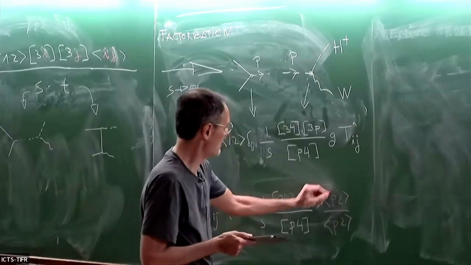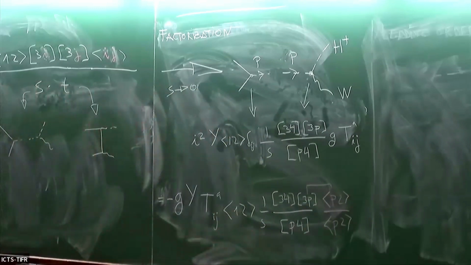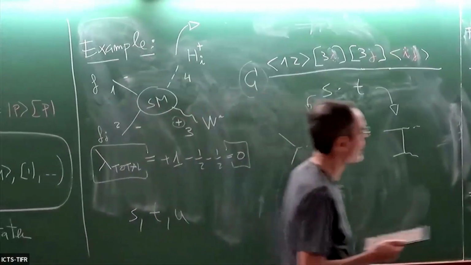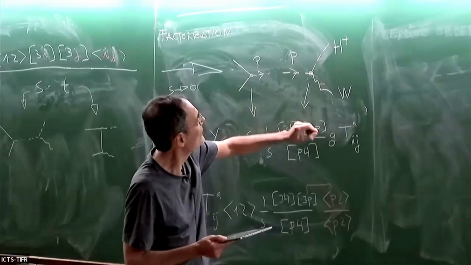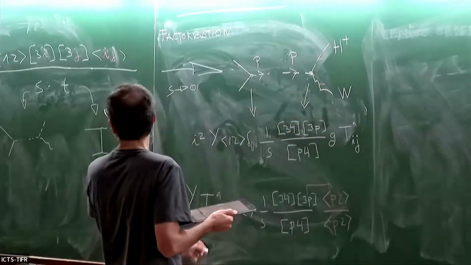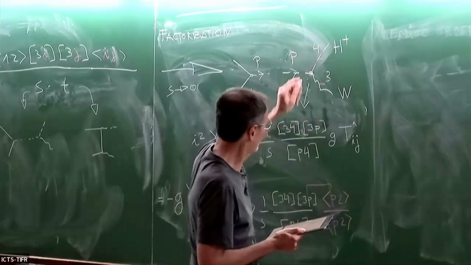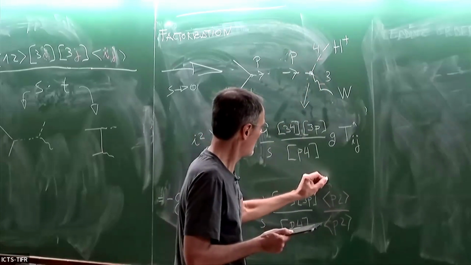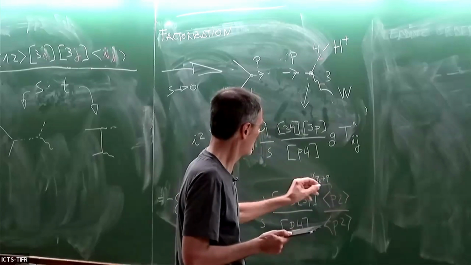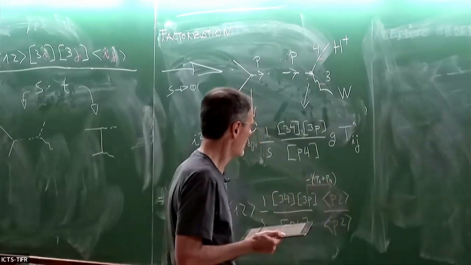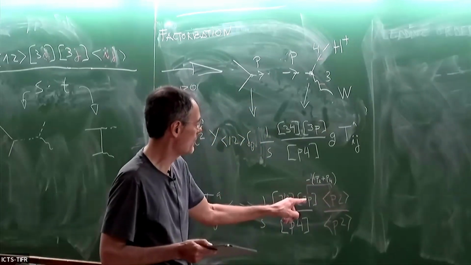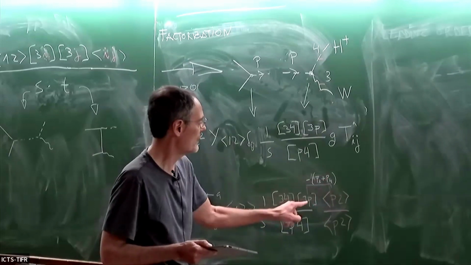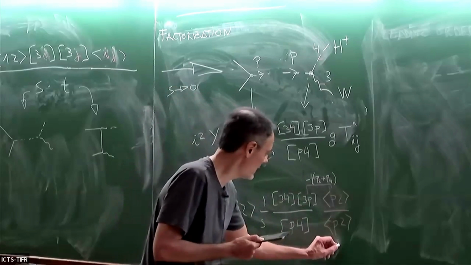And now I see that this is P. P is always the product of these spinors. And the momentum coming in is exactly minus the momentum of the particles we call 3 and 4, so this is minus P3 minus P4. So where you see P, I can put 3 or I can put 4. But when I put 3, this is 0, because 3, 3, and only the 4 will remain.